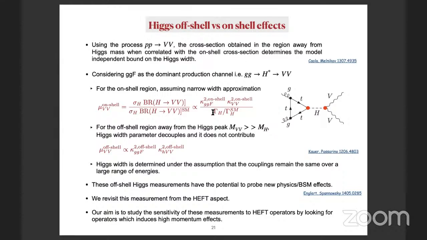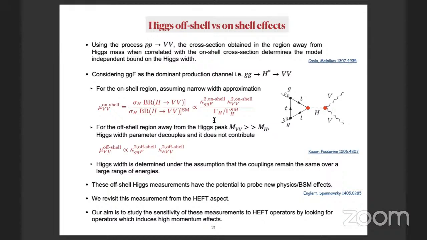To describe this in a bit more detail, this is the tree diagram that we consider, and this is the triangle diagram that we consider. For the on-shell region, when your invariant mass is not greater than the mass of the Higgs, we can use the narrow width approximation and write the total signal strength as proportional to the square of the couplings, and it also depends upon the decay width.